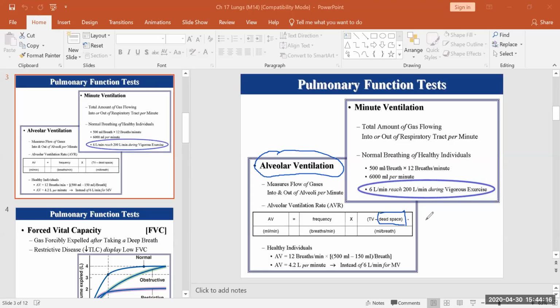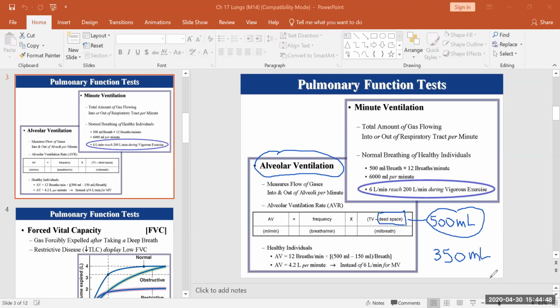And that dead space is around 30%. So if you are inhaling, you're displacing 500 ml of air during a tidal volume. Of that 500 ml, there's only 350 available for gas exchange. Only 70% is available for gas exchange.